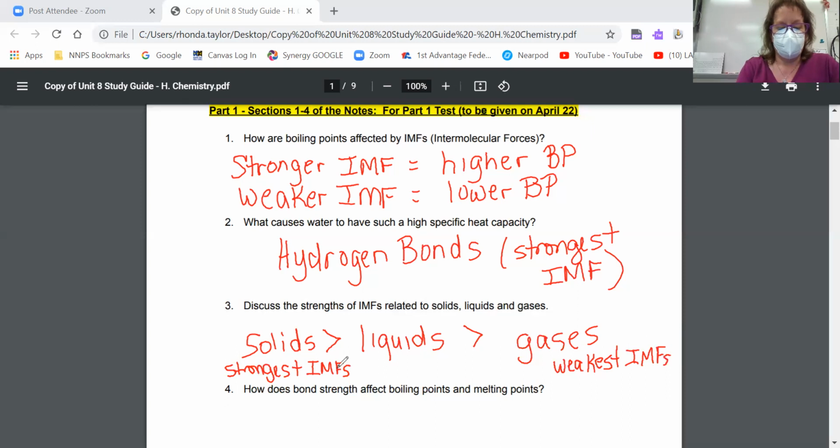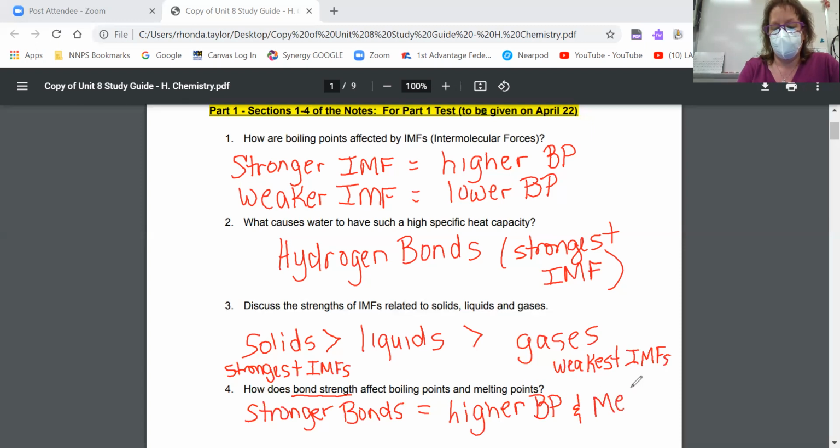All right, and then bond strength is the same way. Think about bonds, okay? The stronger the bond, it's going to be kind of the same way as those IMFs. They're going to be harder to pull apart, which means you're going to have to add more energy or more heat to get the molecules to go from one phase to the next. So BP is boiling point, and I just wrote out melting point, but anyway.